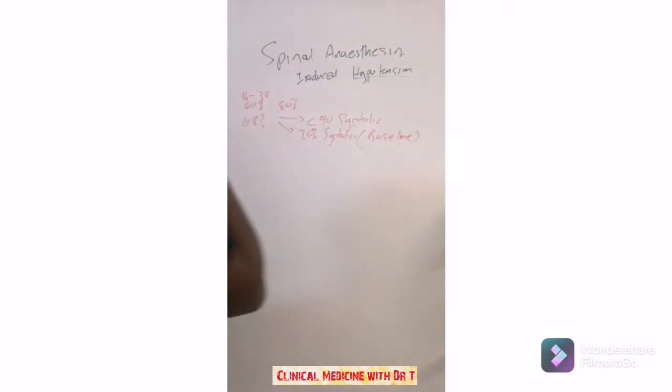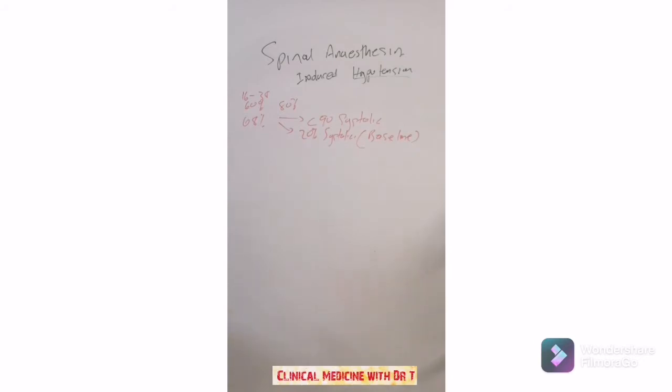So when a patient comes in, they should have a blood pressure before the spinal, and we use that as a baseline. Then we must not allow the blood pressure to drop more than 20% of that baseline.